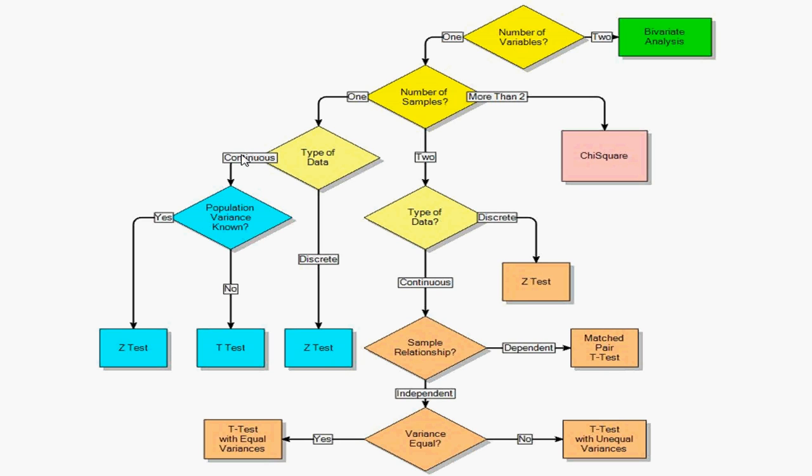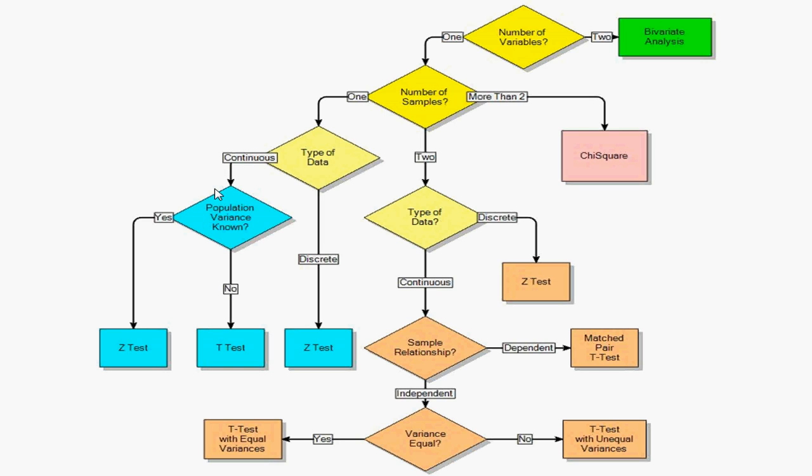If it's a variable that can take an infinite number of values, for example, weight, we can have partial pounds or ounces or whatever. We can have 2.3. In other words, we don't measure in only whole pounds. Therefore, it's continuous data.